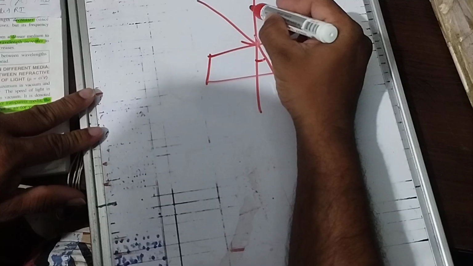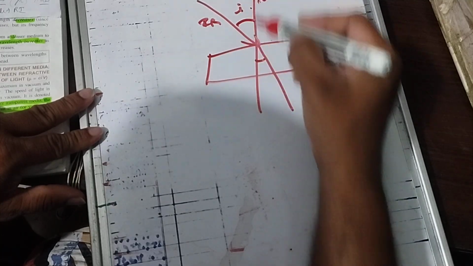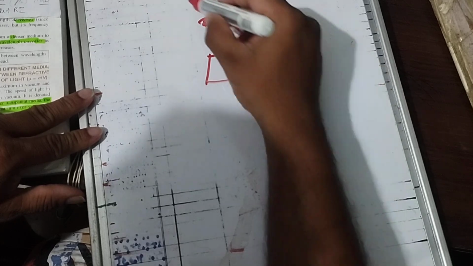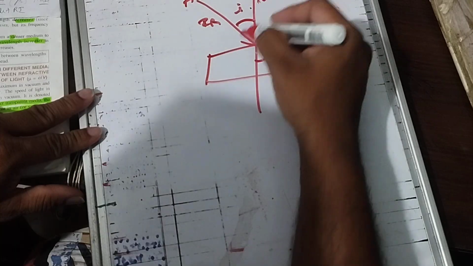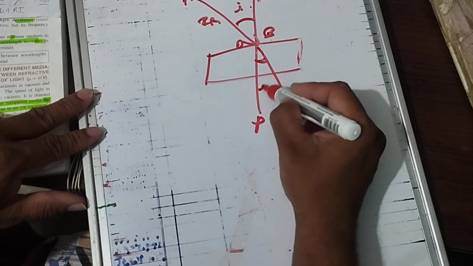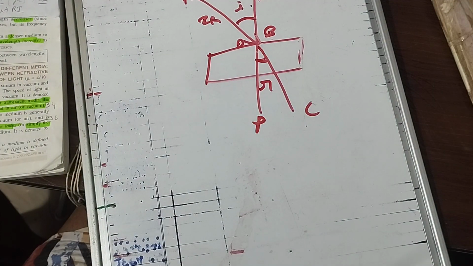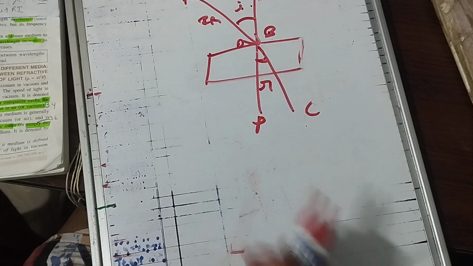The angle between the normal and the incident ray is called the angle of incidence. The angle between the normal and the refracted ray is called the angle of refraction.